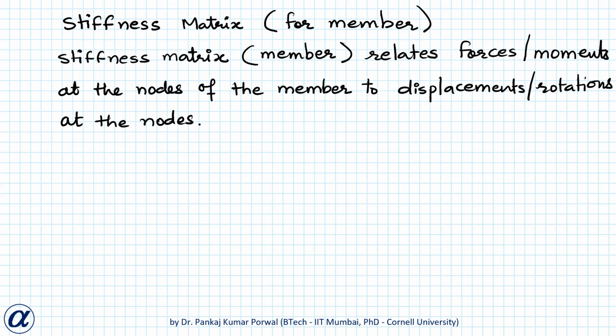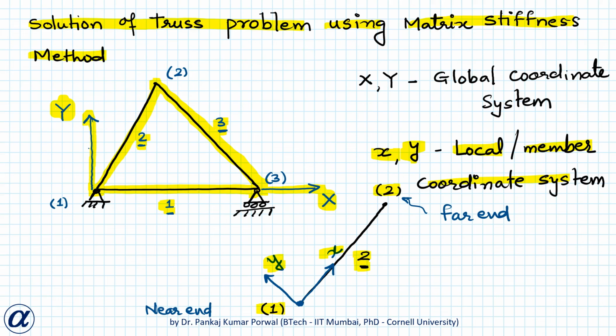The next concept is the stiffness matrix for a member. The stiffness matrix for a member relates forces and moments at the nodes of the member to the displacements and rotations at the nodes of the member. So, for example, take member number 2, which lies between node number 1 and node number 2.